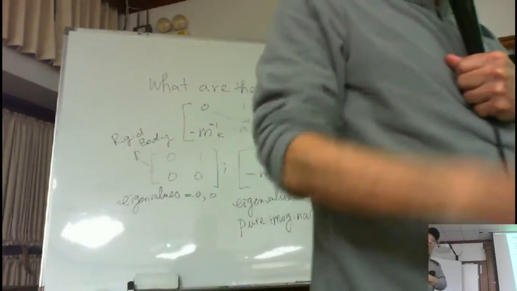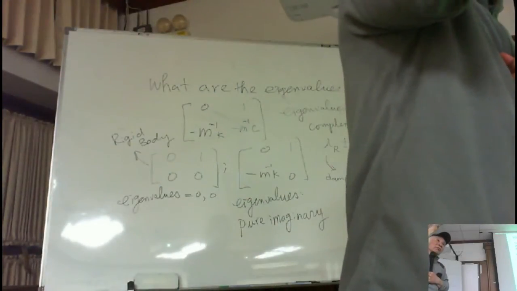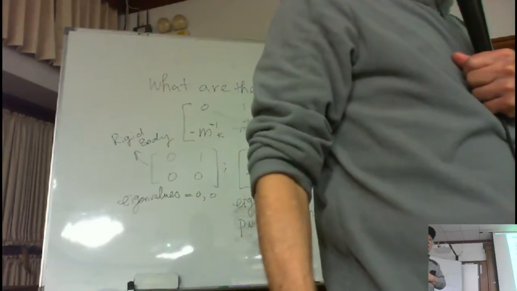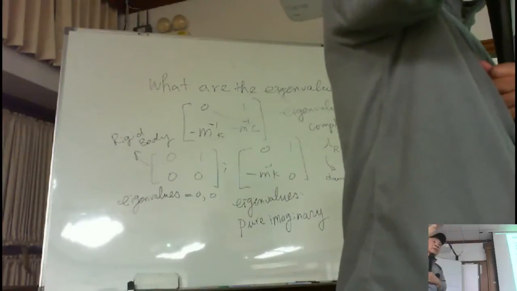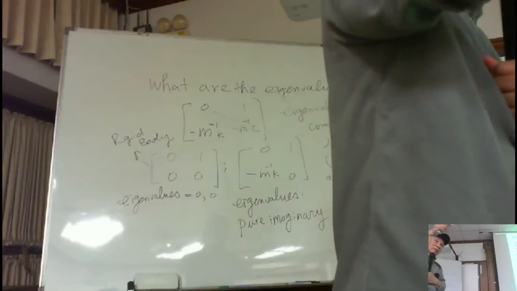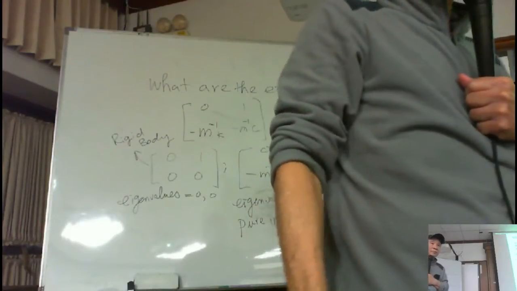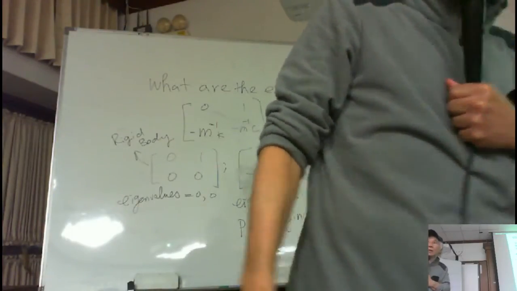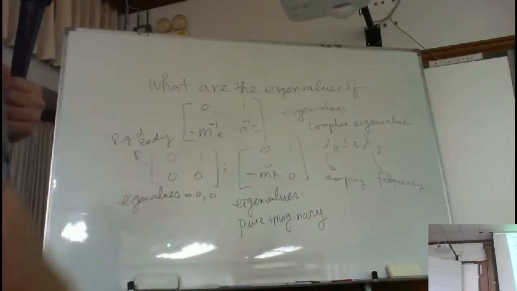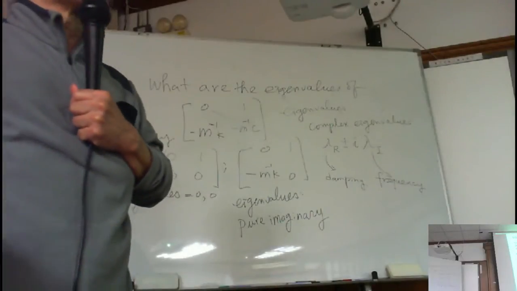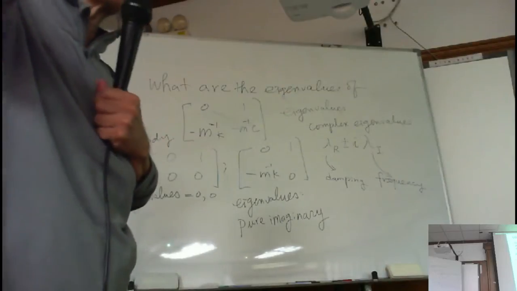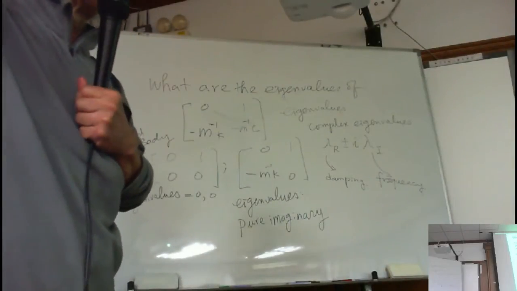So those eigenvalues give you the real system properties, the real system characteristics, because they give you frequencies and dampings. When you solve the eigenvalues of a matrix, you are to interpret what the eigenvalues mean to the system.